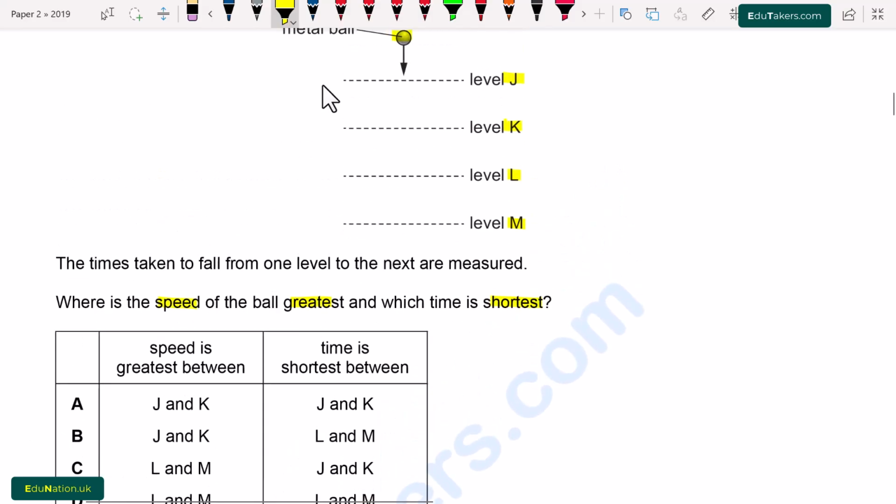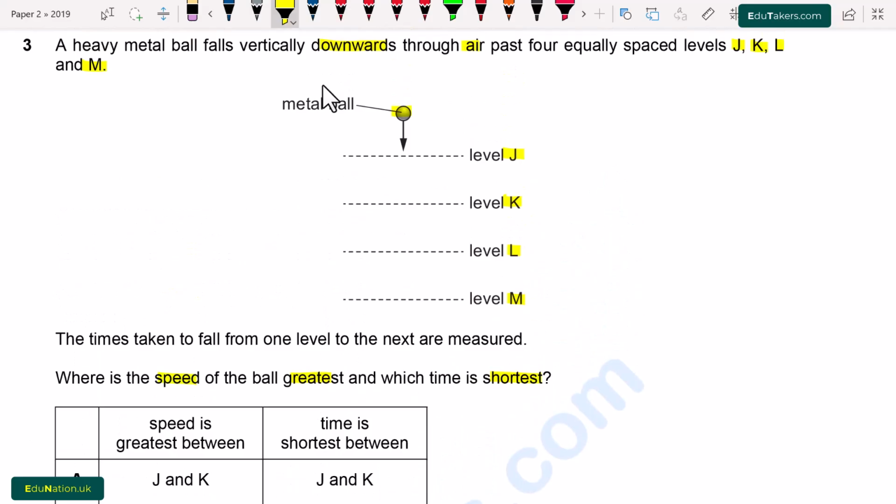First of all, we can see here the metal ball falls vertically downward. When it comes towards level M, the velocity goes on increasing. Between L and M, it has the greatest speed. When the speed is greater, it means that the ball covers greater distance in a small interval of time.